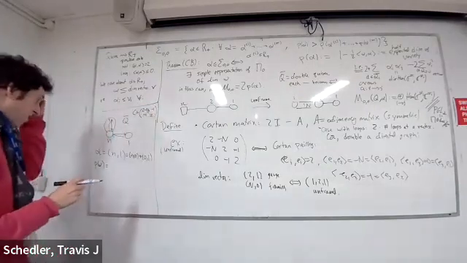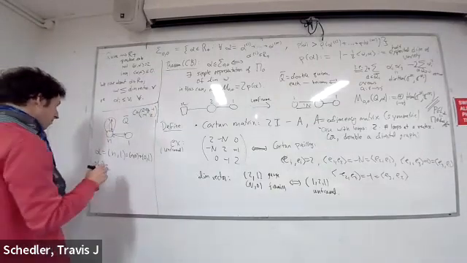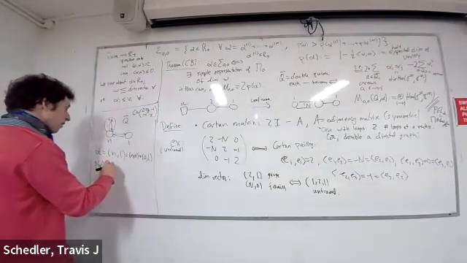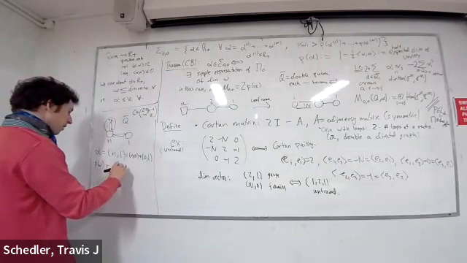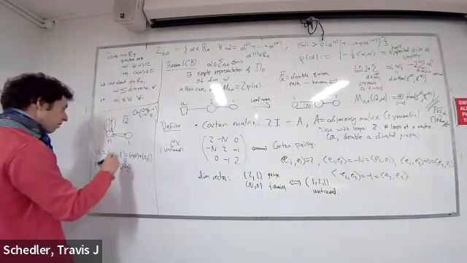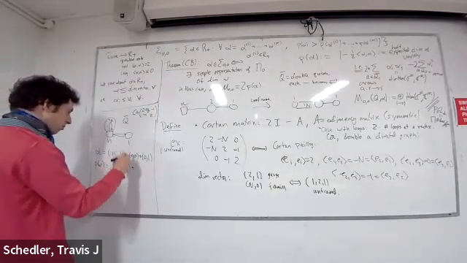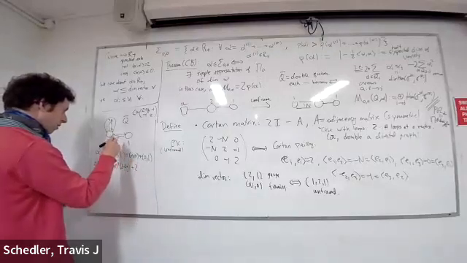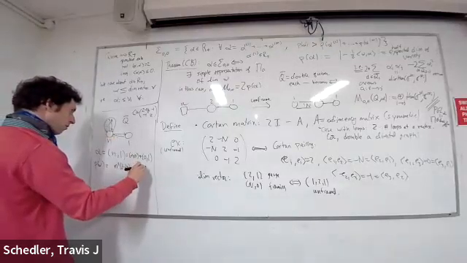So p of alpha is going to be n squared times 2 minus 2g plus 2 minus this 2n.